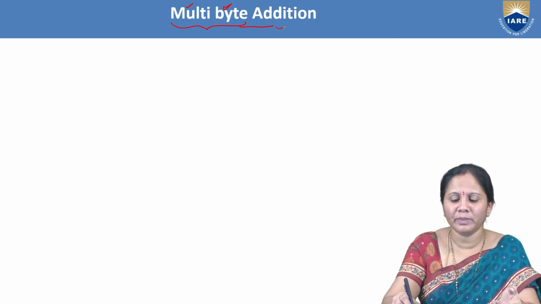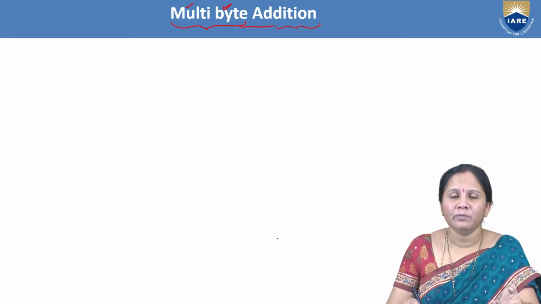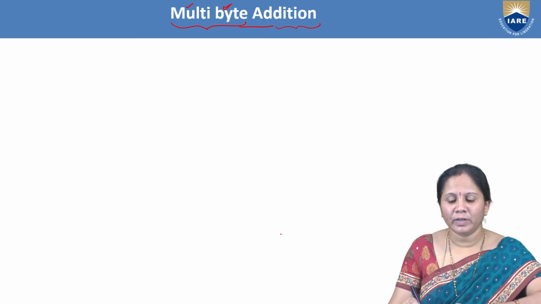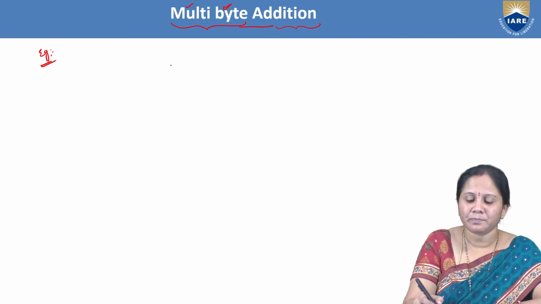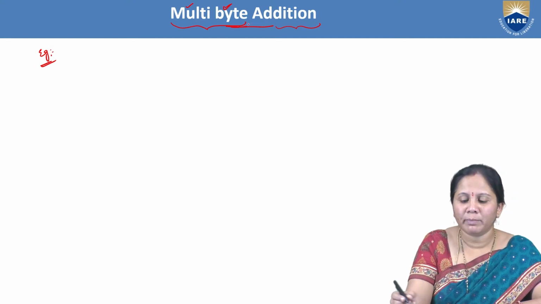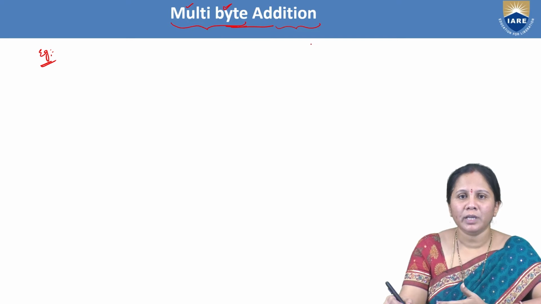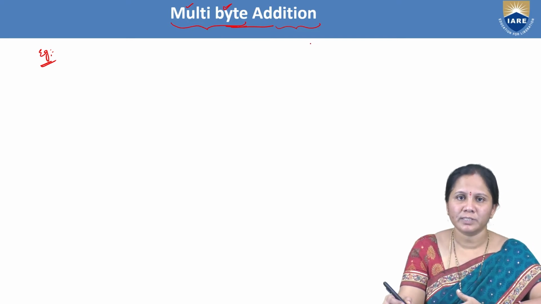In order to perform the addition operation, we have to use proper instructions. So let us consider an example. To perform a multi-byte addition, we need to take more inputs.